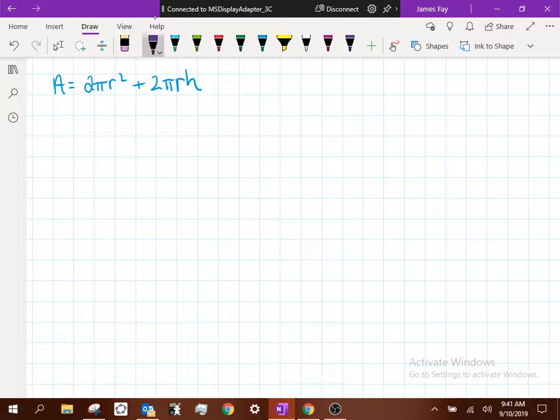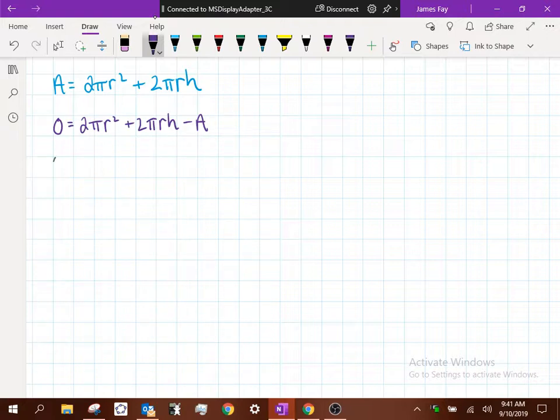Because there's an r squared, right? Now this thing here, remember, that's a variable term, correct? So we need to move that to the other side. So 0 is equal to 2 pi r squared plus 2 pi r h minus A. Yes, because you've got multiplication here, right?